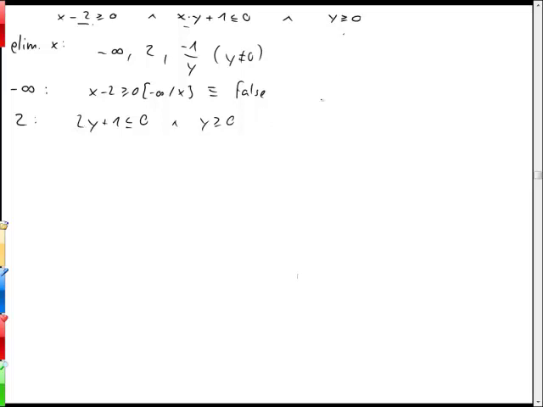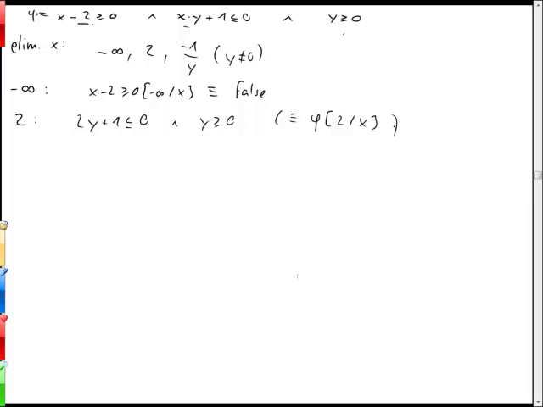If we have this formula phi, then this would be the result of substituting x by 2. We get, yeah, there's still y inside.